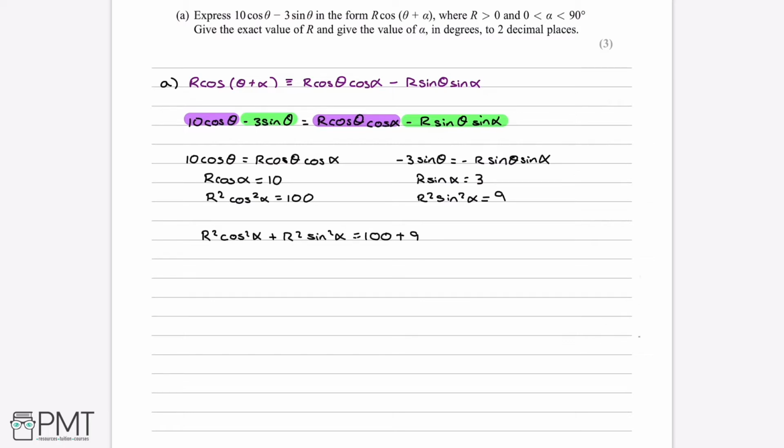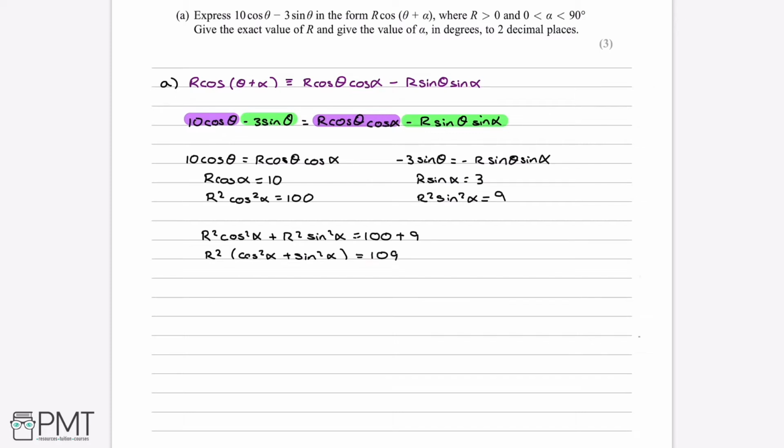Now on the left-hand side, if we take out a factor of r squared, we get r squared times the bracket cos squared alpha plus sine squared alpha, equal to 109.